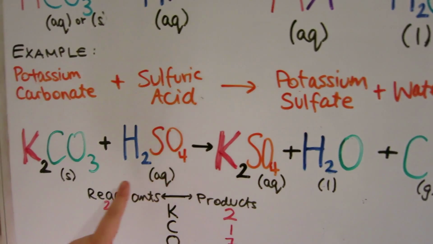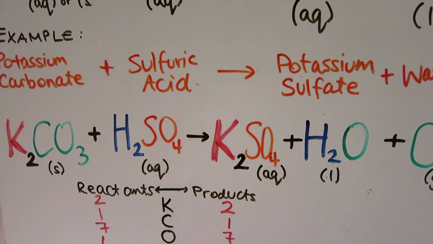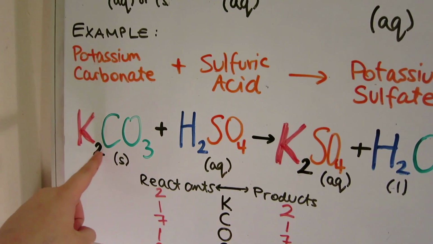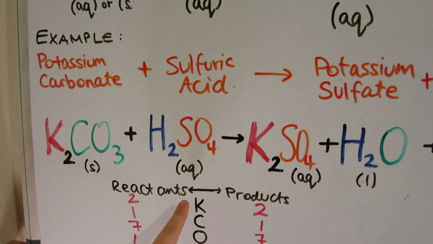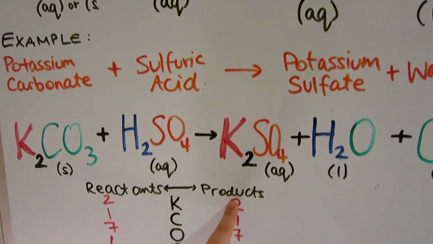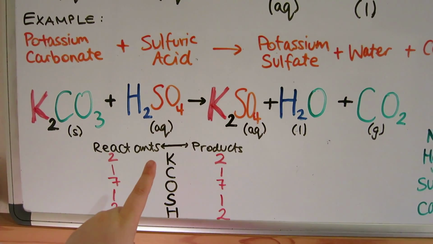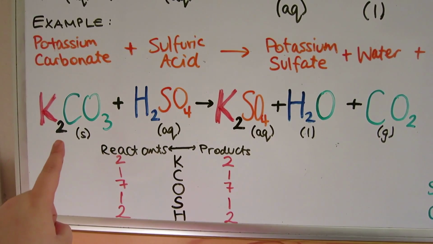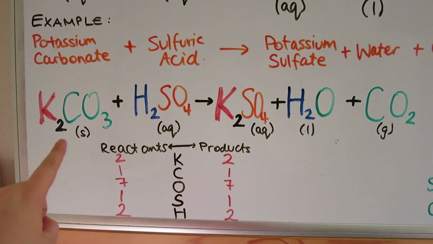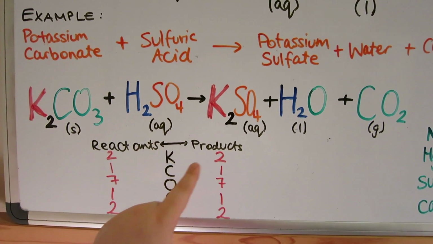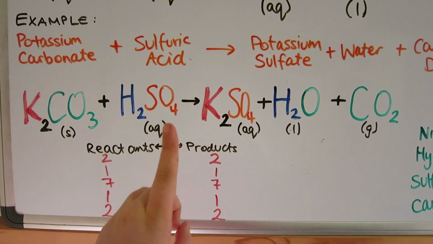So just to make sure that you've got everything balanced, because this equation has actually been balanced, we have to make sure that our reactants and our products match up. Just zooming out a little bit, we have our potassium. We have 2 on this side because we've added that extra little 2 there. So 2 reactants on this side, 2 products on this side. Done.